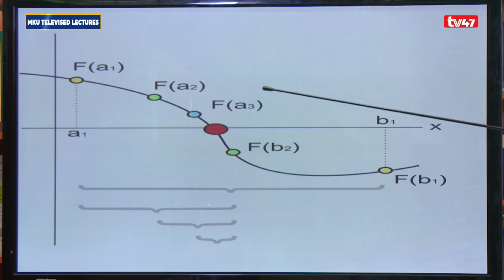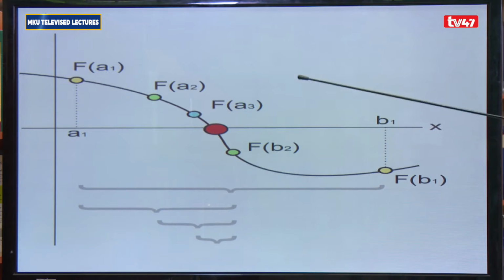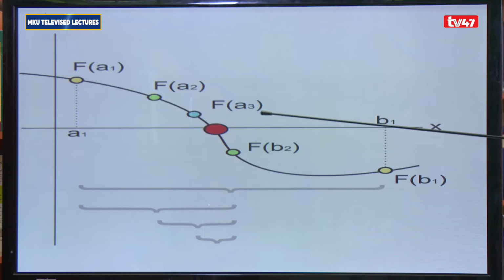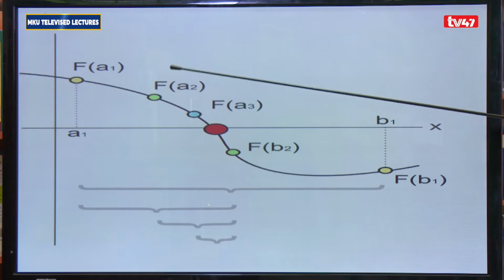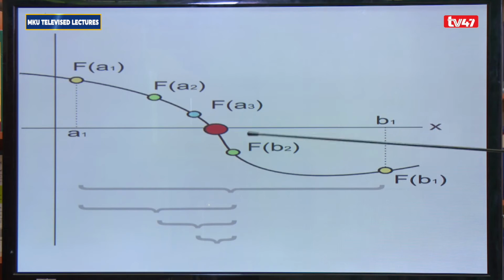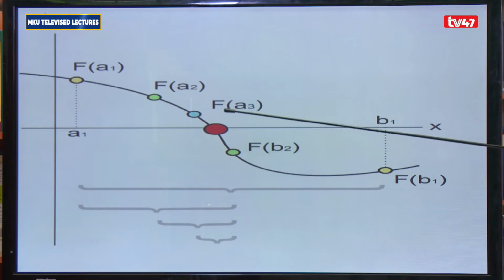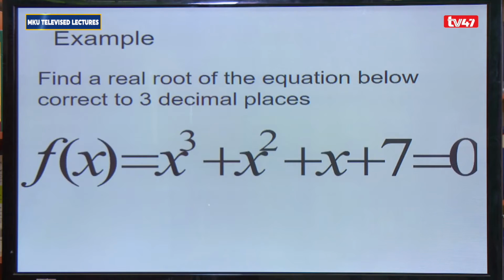So what we shall do is this. With our first approximation a and b, we have the interval (a plus b) over 2, and then we look for the corresponding value of f of (a plus b over 2), and we proceed like that until we have the appropriate approximate of our root.